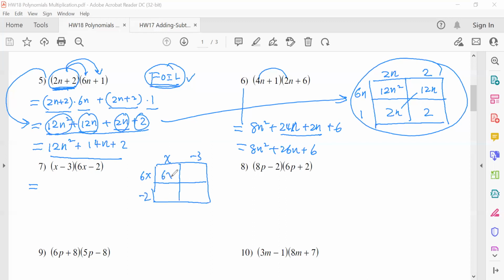So you get 6x squared, here -18x, here -2x, here +6. You can see this is degree 2, this is degree 1, so these two are like terms. So you get 6x squared minus 20x plus 6.